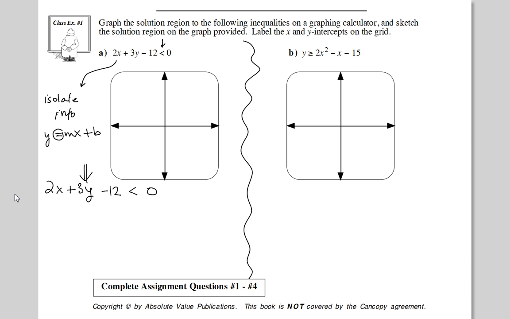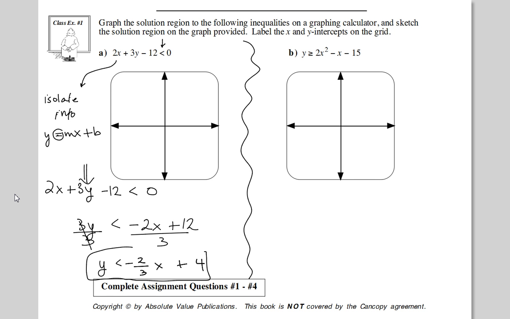That way you never have to flip signs. Keep 3y here, move the other stuff. So we got a negative 2x and a positive 12. Dividing by 3, and it's just like distribution. So we have negative 2/3 x plus 4.